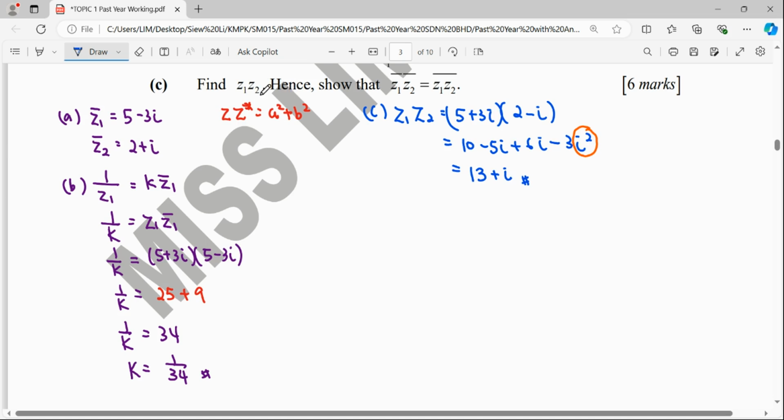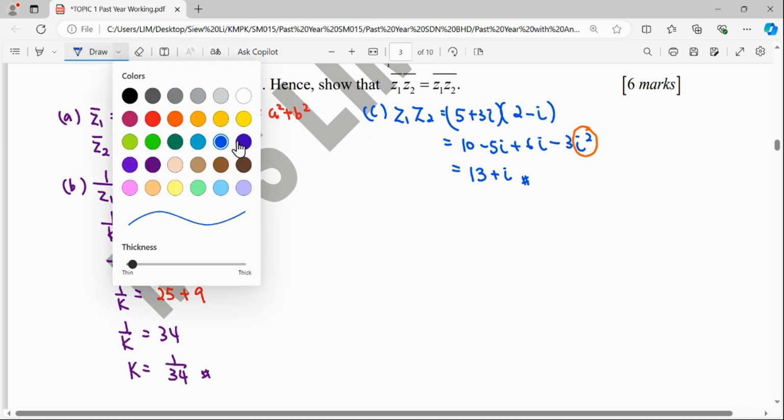Hence, meaning use this result, we're going to show this. When you want to show that the conjugate of z1 times the conjugate of z2 equals the conjugate of z1 times z2, we can notice that the left hand side has a calculation and the right hand side has a calculation. So in order to show, the working will be separated out.